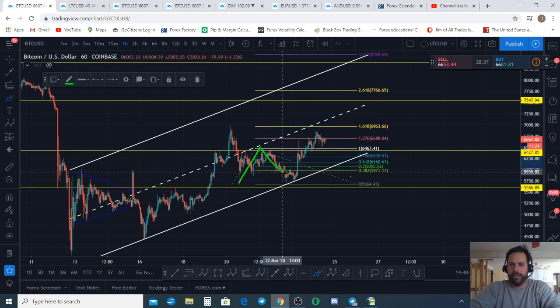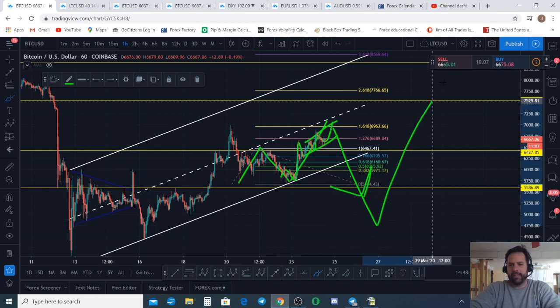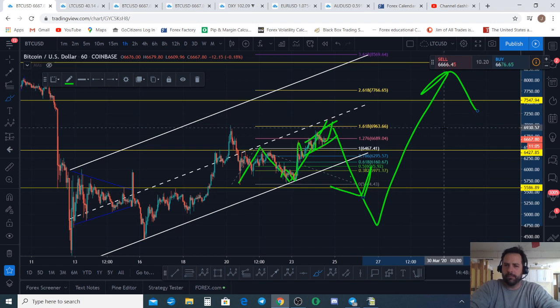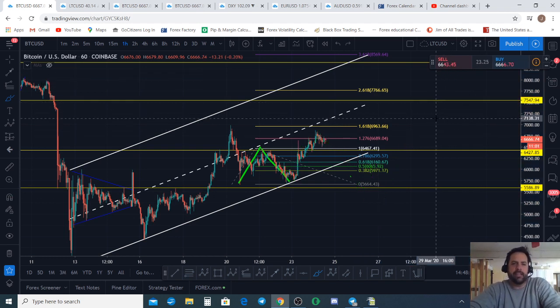A flat is a three, and then a five wave. So this would be one, two, three, four, and then we have a diagonal finishing up for a fifth wave. Then we would expect a three wave move down to the downside. Then we expect another three wave move to the upside, like so. So that's a possibility, guys.